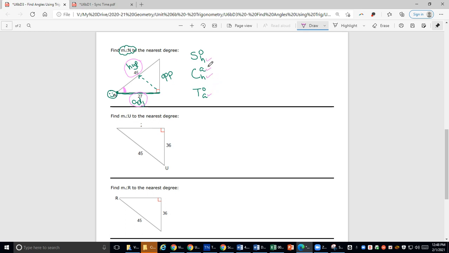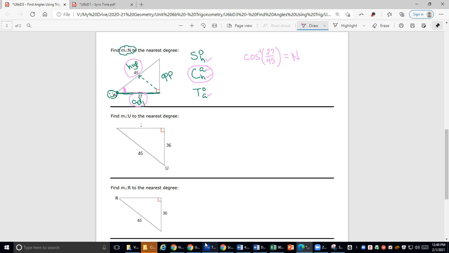So the trig function that uses both of those is going to be cosine. And remember, we want to do the inverse cosine of the ratio. So remember, it's going to open up that fraction, and we're going to do adjacent, which is 27, over the hypotenuse, which is 45. Close that parentheses. Our seatbelt has to go on, and that's going to give us the measure of angle N.